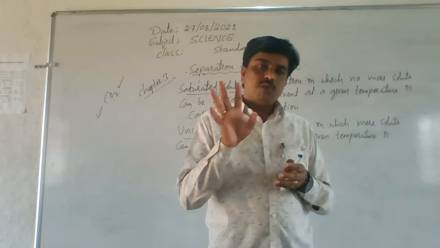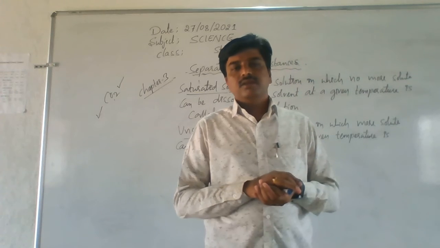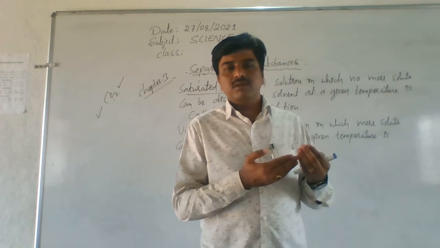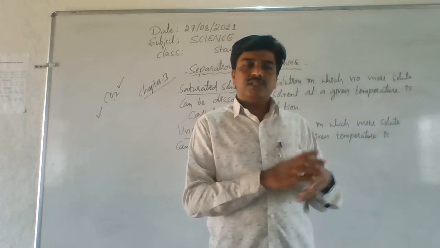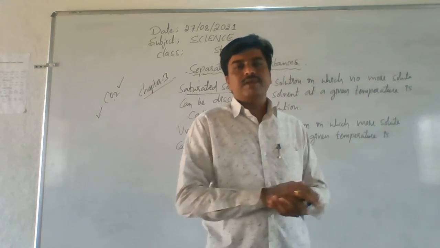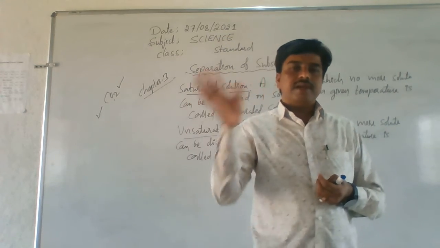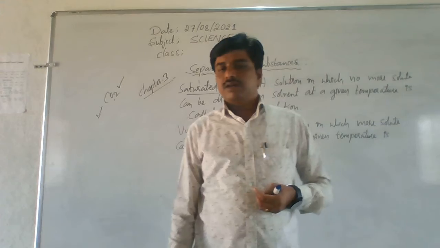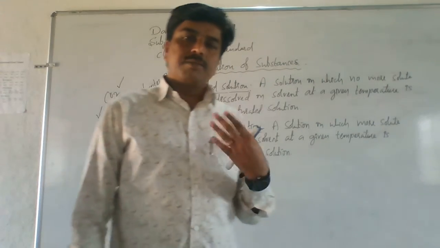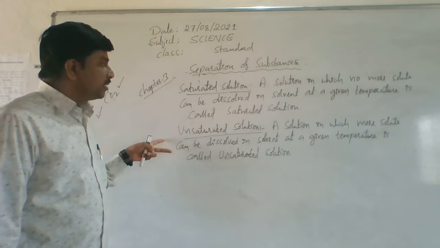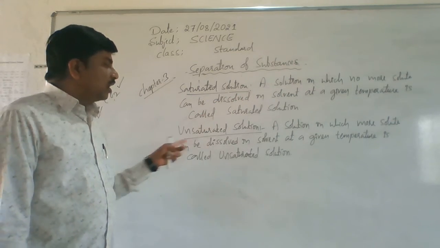If you want to dissolve more solute, just add more solvent. Then it easily converts into unsaturated, and then you can add that solute to it. So depending upon temperature and solubility, we classify the solution into two types: saturated solution and unsaturated solution.